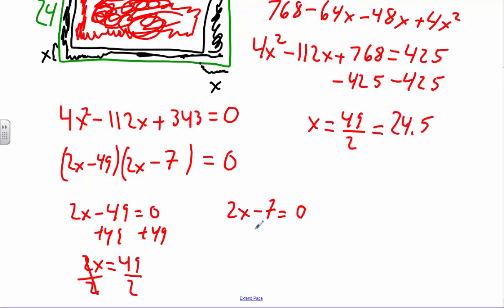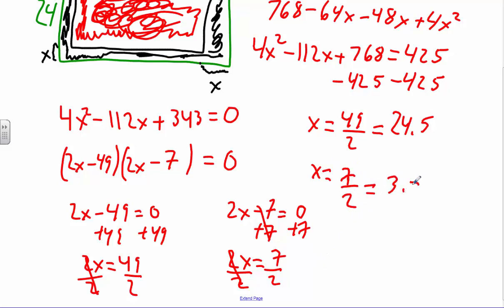The other value, we add 7, 2x is equal to 7, divide by 2. x is equal to 7 halves, which is equal to 3.5.